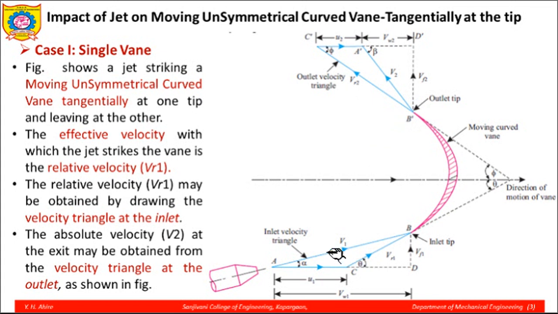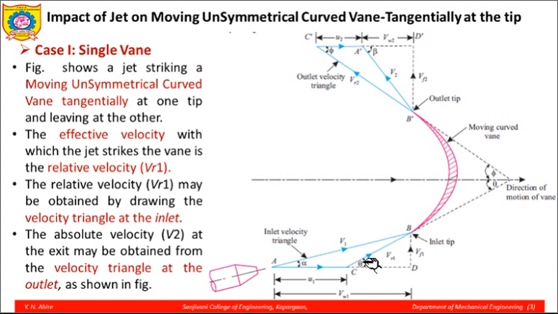So the absolute velocity of the jet is V1, and the vane velocity at inlet is U1. That's why the water will enter over the vane with the relative velocity VR1, and that's why VR1 is shown tangential to the vane at the inlet tip. So VR1 is nothing but the extension of this tangent line.